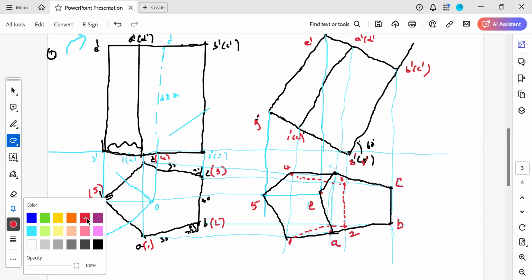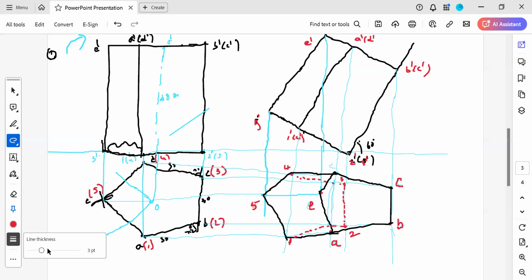I hope you understand the problem. First we need to assume the solid is standing on the HP. We need to project the top view and front view. Then rotate the top view so that it makes an angle of 60 with the XY line. Then you predict the final top view.